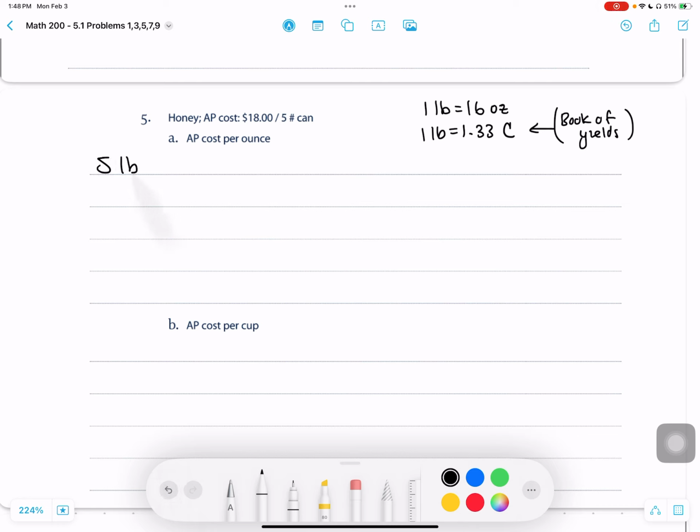So 5 pounds, I have to convert to ounces. And I have to do the conversion right now, because the number that we have here is not per pound, it's per 5 pounds. So I'm going to take the 5 pounds and convert it. Pounds to ounces. I know from my conversions that 16 ounces is 1 pound. So the total number of ounces that I have here is 80.